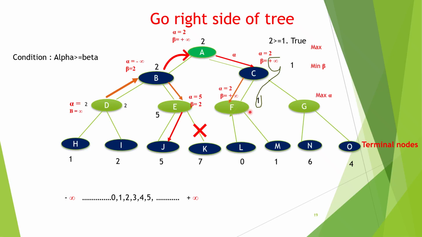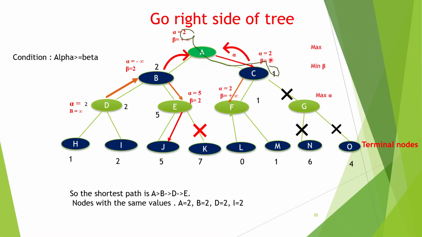Take the minimum of plus infinity and 1, which is 1. So put 1 here. Now check the condition: alpha 2, beta 1, so 2 is greater than or equal to 1. The condition is satisfied, so there is no need to traverse from C to G, or G to N or G to O.